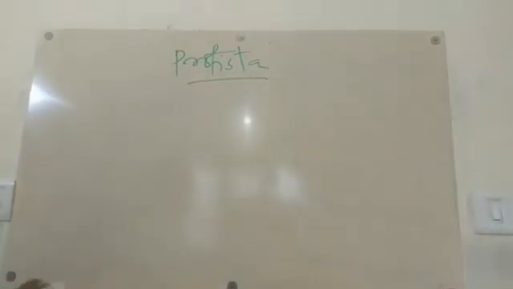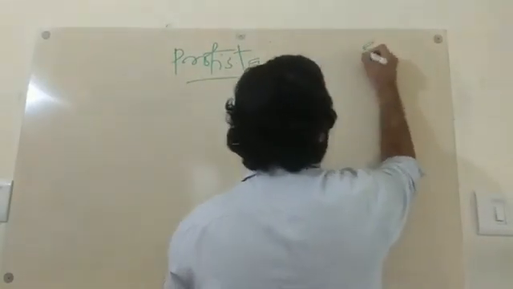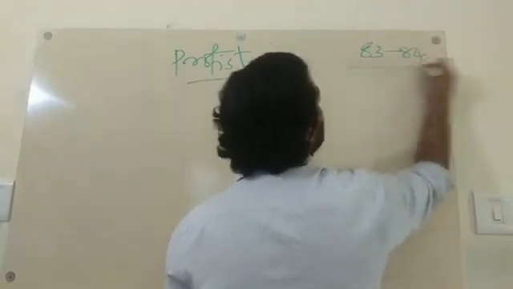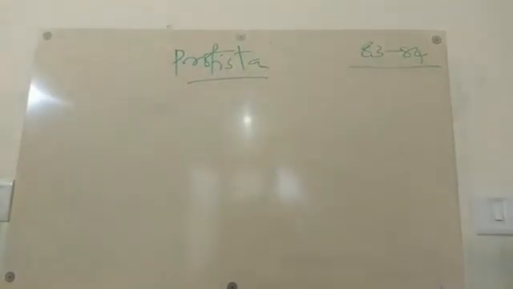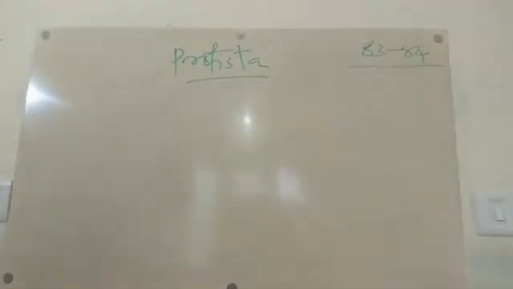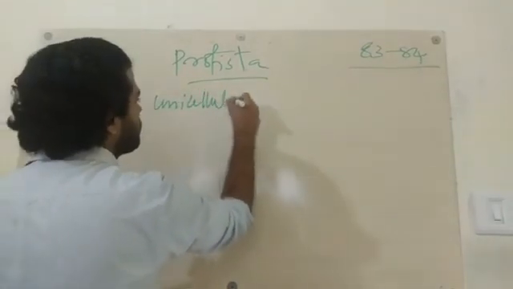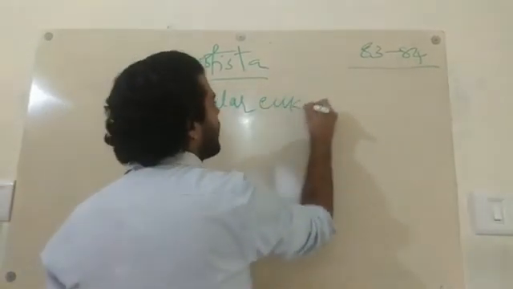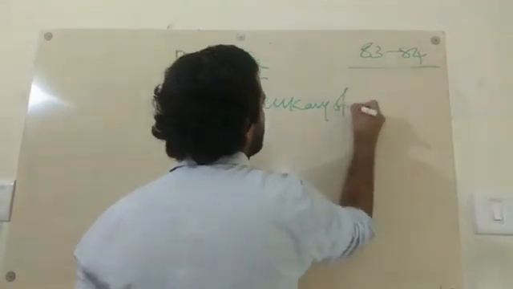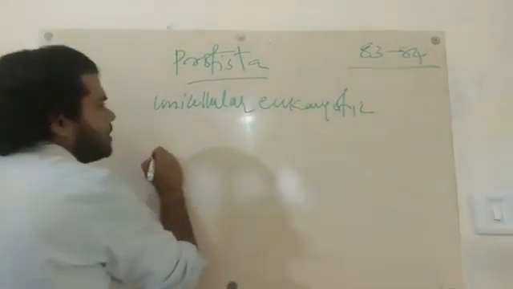Okay, in your page number 83, today we are going to take 83 to 84. Protista. Yes, this kingdom includes unicellular, eukaryotic organisms.